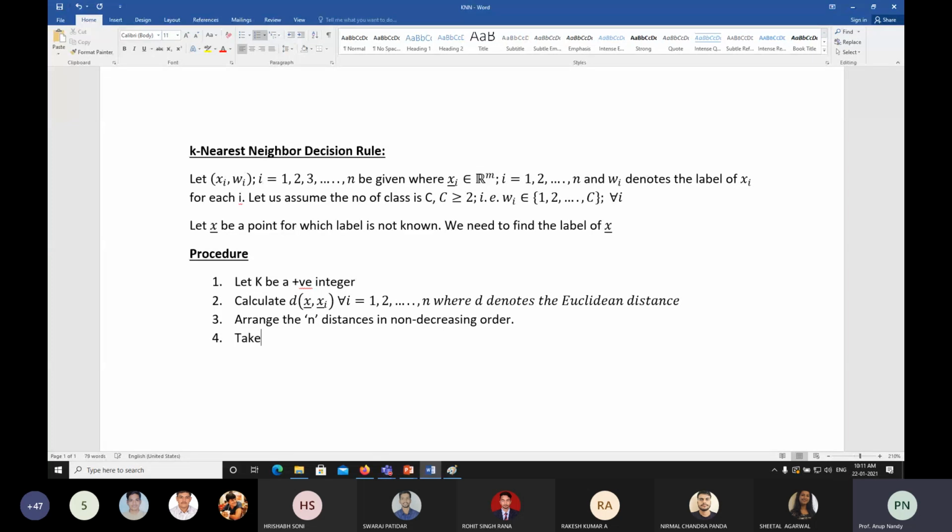Now you have to take the first k distances based on the value of k. If k is 3, you have to take the first 3 distances.